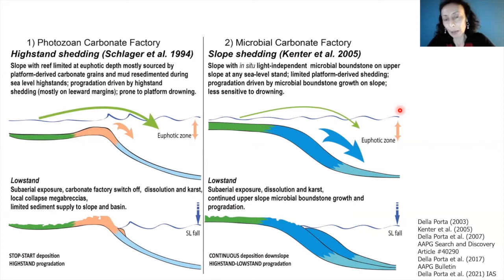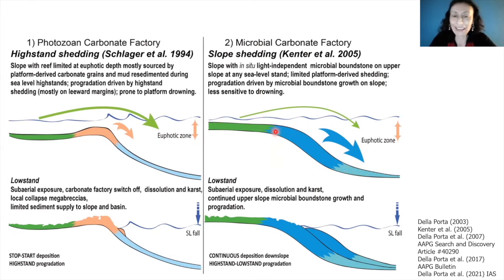This summary follows studies where the contribution of sediment from the slope itself and from the platform top was quantified on the upper and lower slope. It is relatively less contribution because if you look at the sediment distribution along the slope, the production of the boundstone is so much higher with respect to the production of sediment and shedding of sediment on the upper slope that you see a higher contribution.